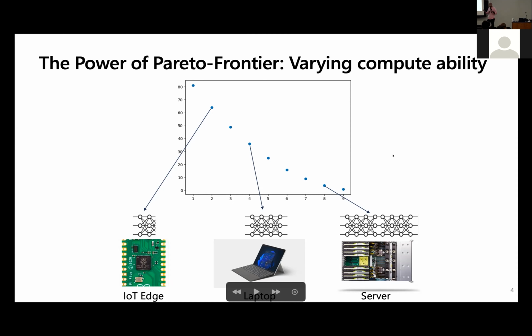You want the task to perform very well, but you want the model to be as small or as memory efficient as possible on your particular device. So if you have the Pareto frontier, you get to pick which one you will put on which device.